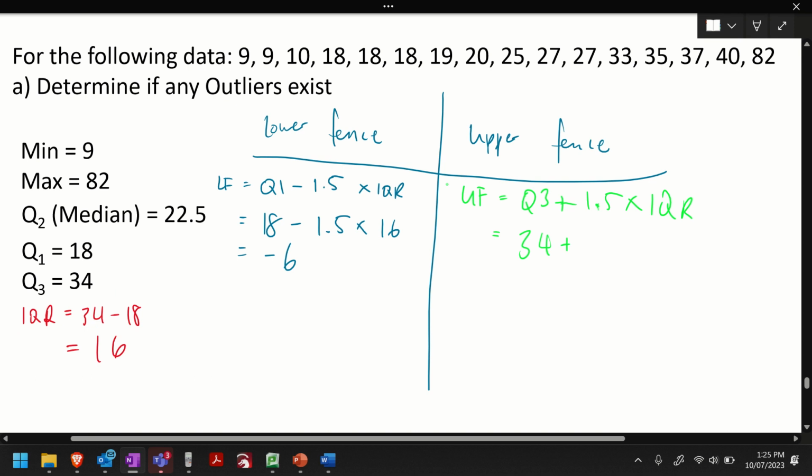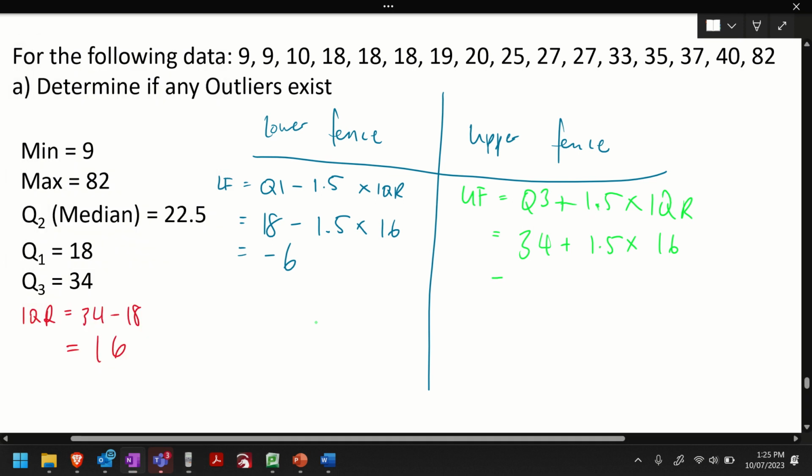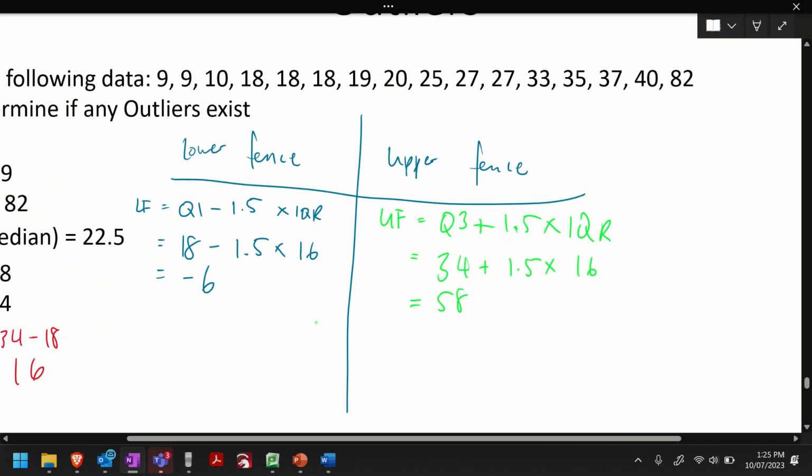So 34 plus 1.5 times my IQR, which is 16. You chuck that in your calculator. Notice how with the upper fence, it's plus, not minus. This equals 58. So technically, my upper fence is between 40 and 82, which is 58.